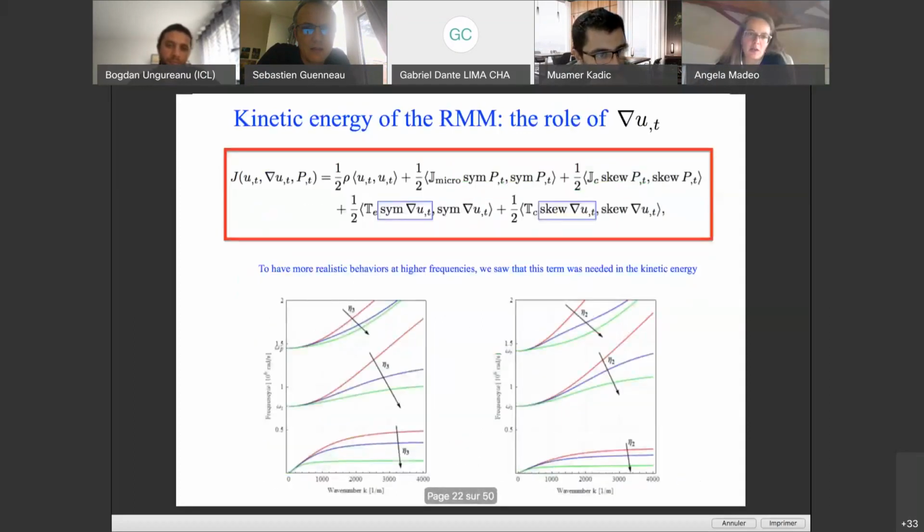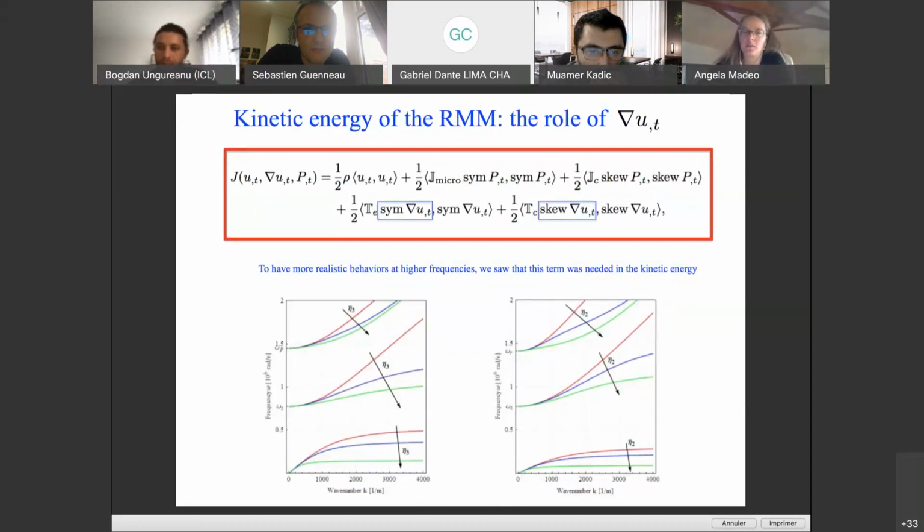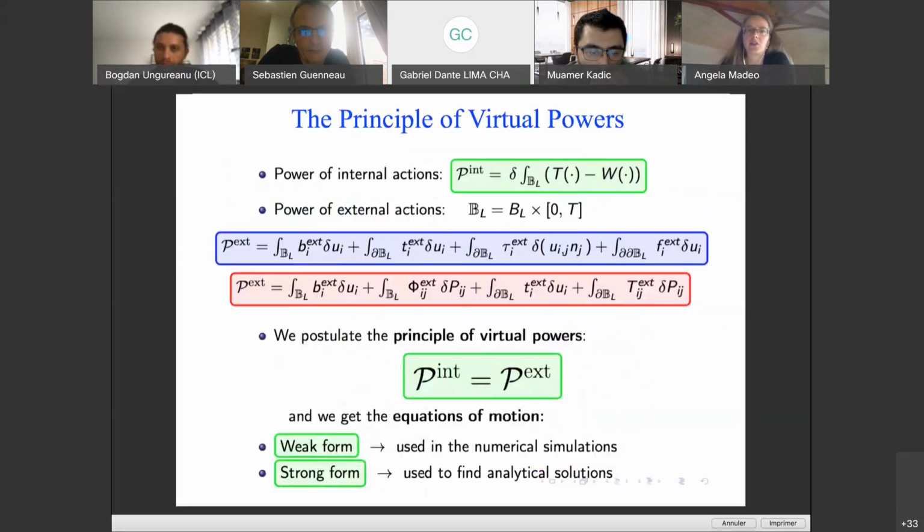Okay, so now I won't repeat the conceptual framework, which is the same that we did for Cauchy elasticity, but the point is we have a strain energy and the kinetic energy. We can build our action functional, the power of internal actions, and postulate that it's the same as the power of external actions.